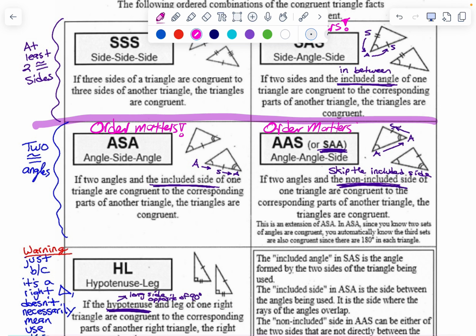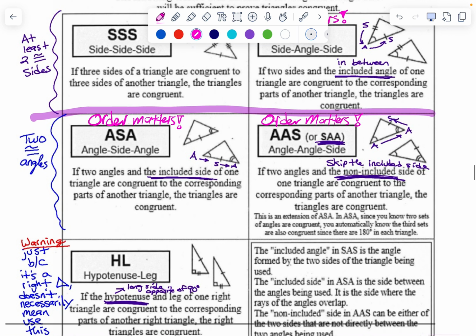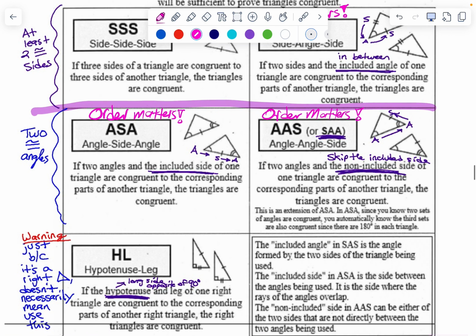And I'm just going to say that one more time, just because you know two angles are congruent and a side length is congruent doesn't mean that you can just pick one of these at random. It has to match the description. Note that on this one, angle, angle, side, you can reverse and say side, angle, angle. That's okay. It's the same thing if you'd rather do it that way.